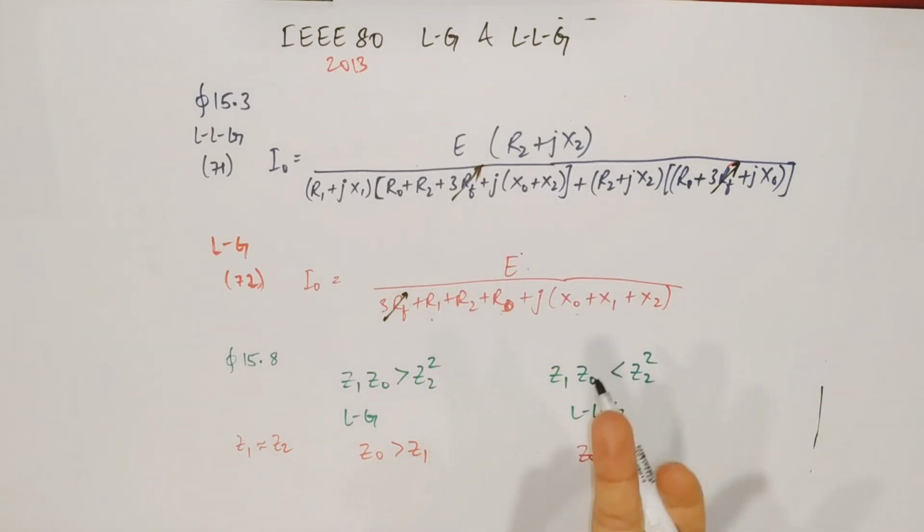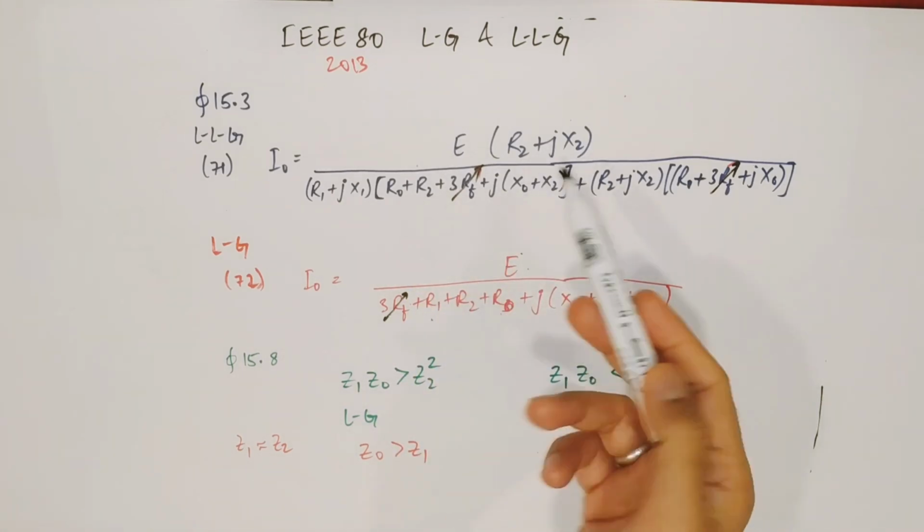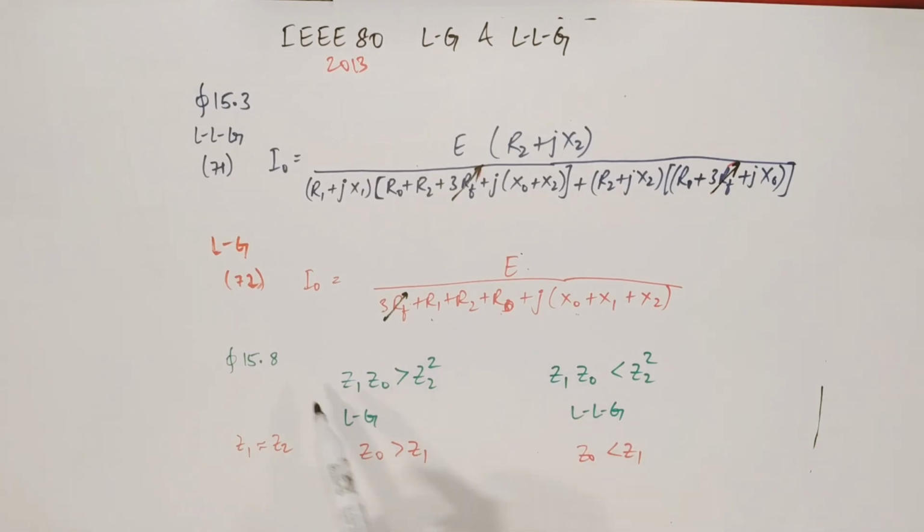Now which one to take, which one will come higher? Either you solve both and check what result comes, or, in order to save time, you can refer to clause 15.8 of IEEE 80, which suggests that if Z1 times Z0 is greater than Z2 square, that is negative sequence impedance square, then the single line to ground fault is the worst case.